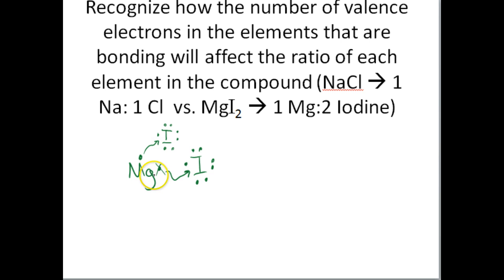And so when you're combining magnesium and iodine, it's going to form in this ratio where for every magnesium ion that you're forming, you're going to need to form two iodide ions. So that's why our chemical formula for magnesium iodide is MgI2, because this represents that 2 to 1 ratio.